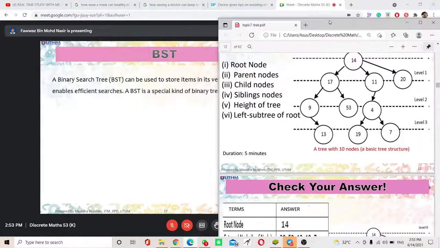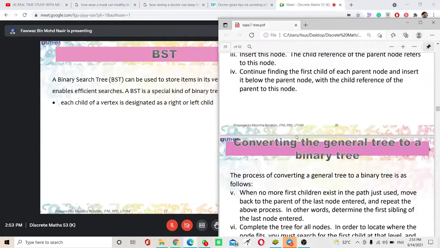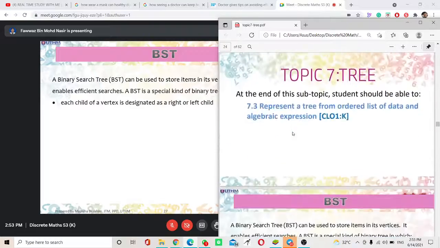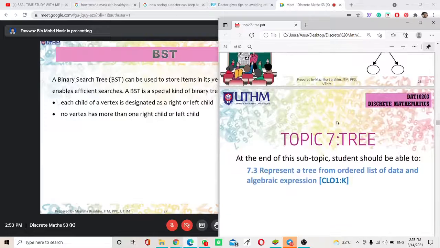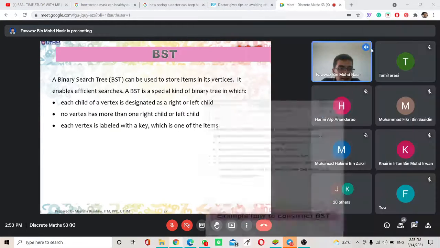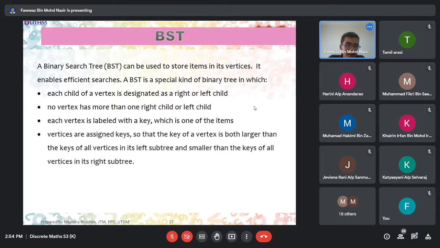It's a special kind of binary tree in which each child of a vertex is designated as a right or left child. Okay, and no vertex has more than one right child or left child. Okay, and each vertex is labeled with a key, which is one of the items. Okay, key maksudnya value yang stored at that particular node of a vertex.